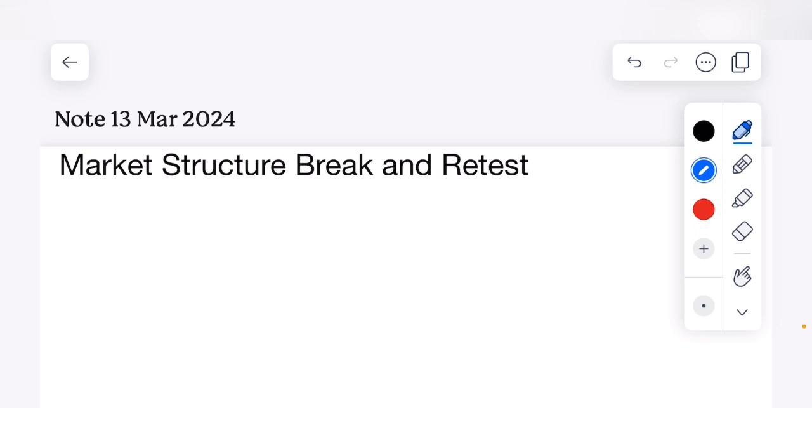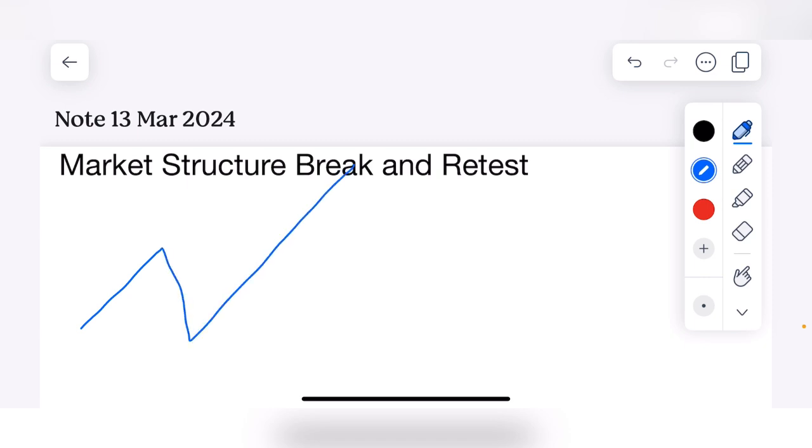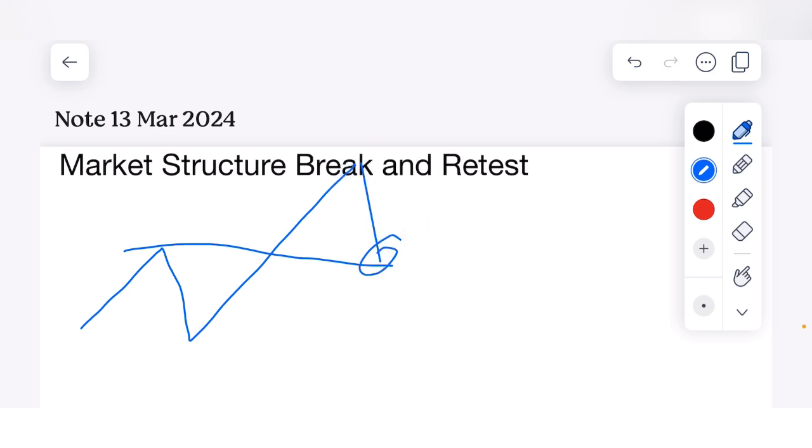So this is how it works. We are in a bullish market, right? We are in a bullish market, and then the market breaks the highest point of the market and comes back to retest, comes back to the point that got broken.